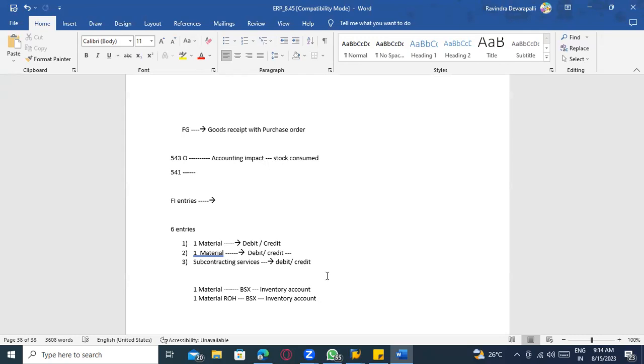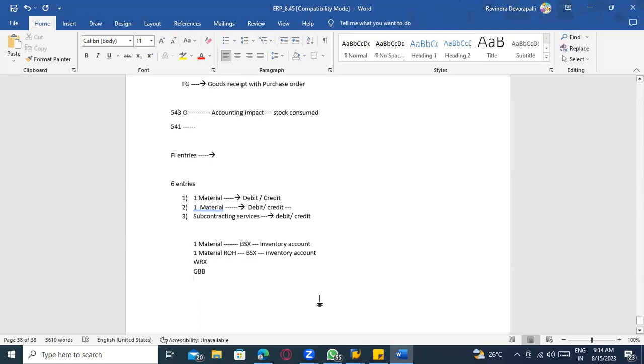So two BSX entries will come, and one is for WRX. Since you are doing the GBB consumption, GBB will come. Other than that, for services you can get FRL and special BSV. So these are the entries that will come.